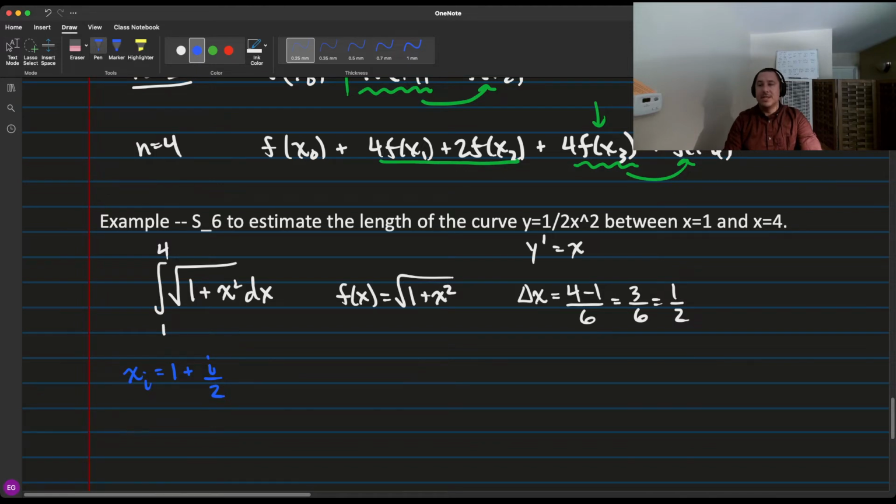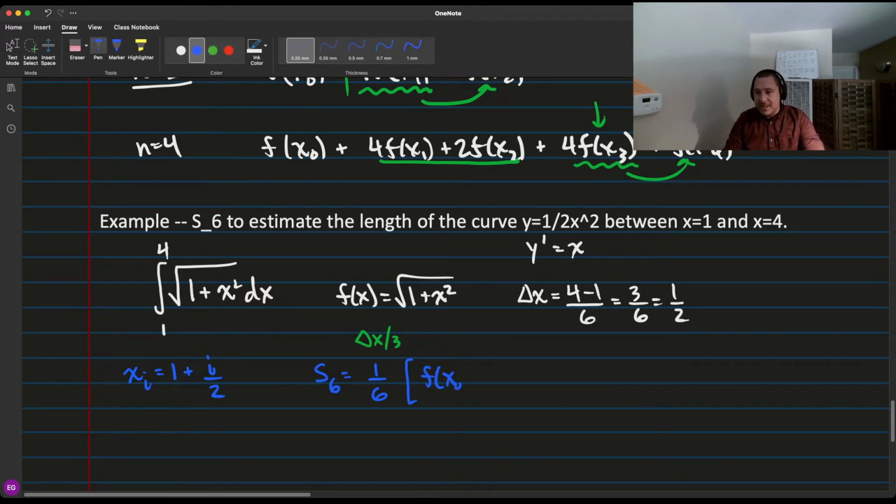And now you just need to set it up. S6 is going to be delta x, which is 1/2, divided by 3. Half divided by 3 is 1/6. And then what are you going to have?